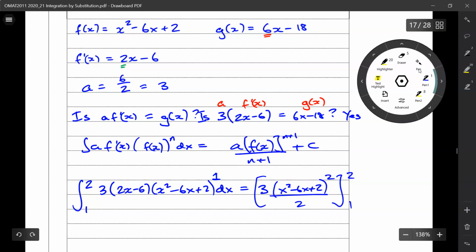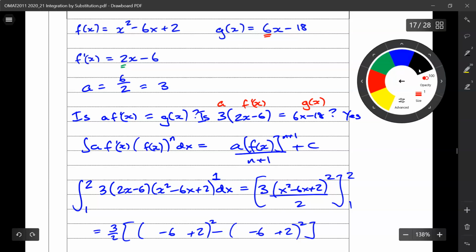Now we can take that constant out to try and make our life simpler. So that's equal to 3 over 2. I can open up a bracket, and then I can put the inner function in here. So it's x squared minus 6x plus 2, minus x squared minus 6x plus 2. I'm just putting in the skeleton here. That's squared like so.